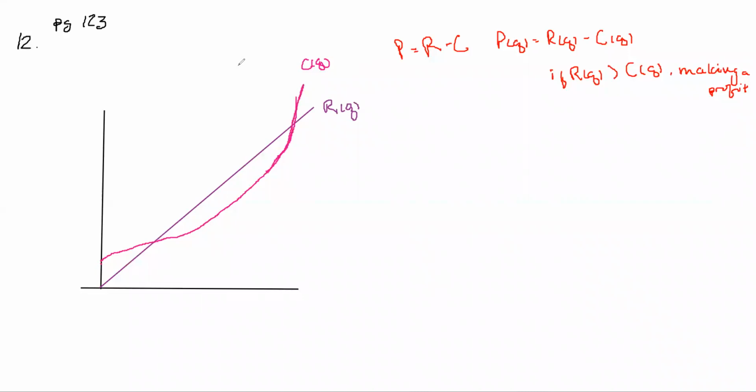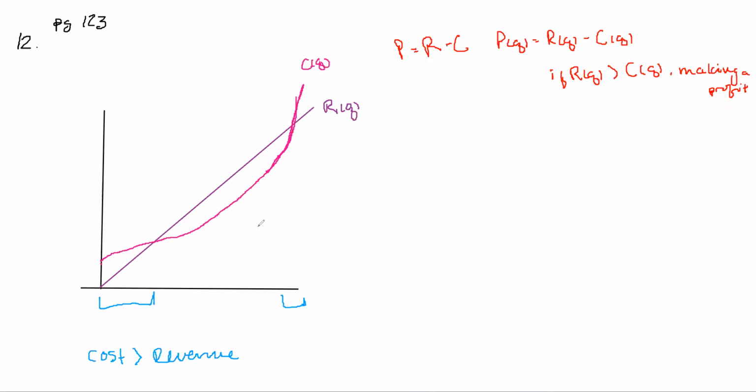Okay. So we are basically going to be looking at where we are making a profit and where we are not making a profit. Areas where we are not making a profit are here and here, because in these areas, the cost is higher than the revenue, right? Can you hear me? Yes, I can hear you.